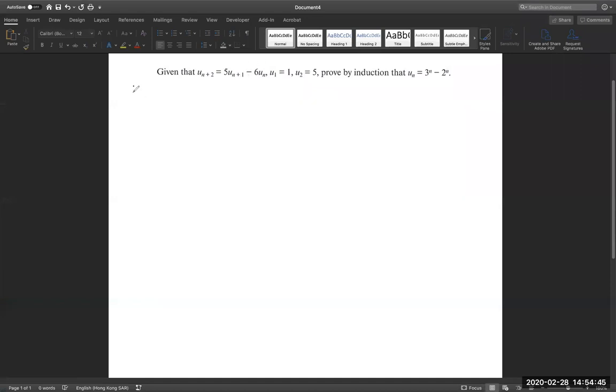So first step, let P(n) be the statement. And then you need to show that n=1, n=2, and n=3 are true. For n=1, u1 is given already, this one.